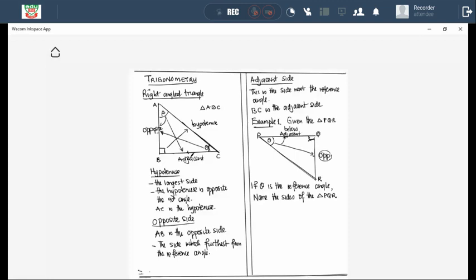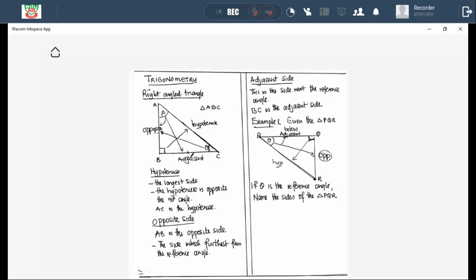And the hypotenuse, the longest side, is always opposite the 90-degree vertex. So this is the hypotenuse. If you look at the hypotenuse, you realize that the hypotenuse connects the opposite and the adjacent.